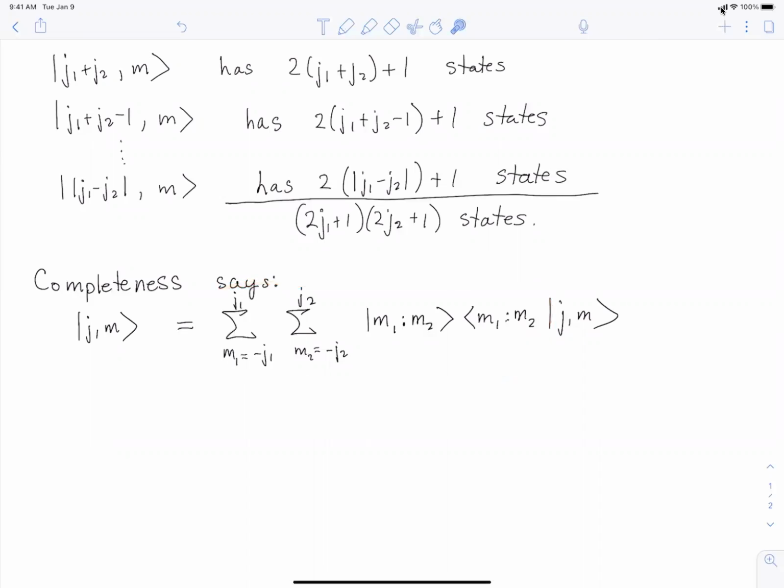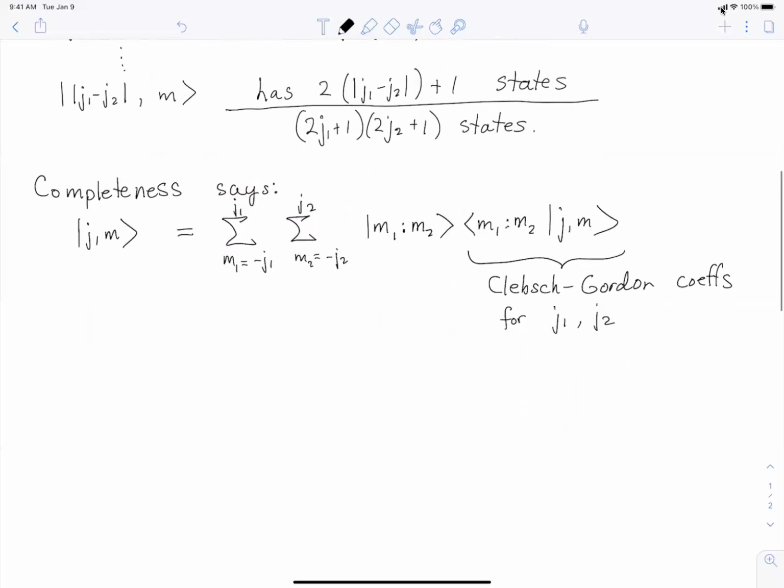That's the identity operator. And now it's a linear combination of product basis states, and the coefficients here are called Clebsch-Gordons. These are the Clebsch-Gordon coefficients for J1 and J2.